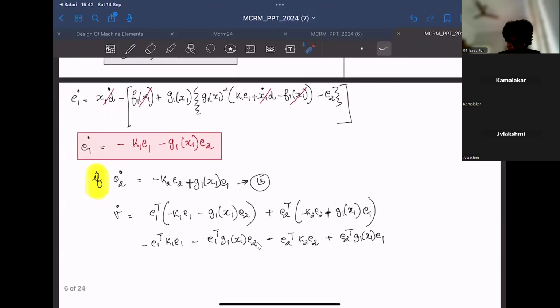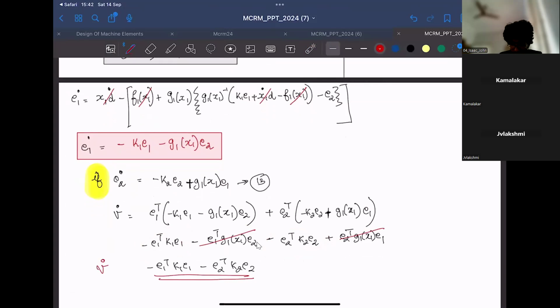So basically, it will become minus E1 transpose K1 E1 minus E2 transpose K2 E2. And these two terms, this term and this term, will get cancelled out.